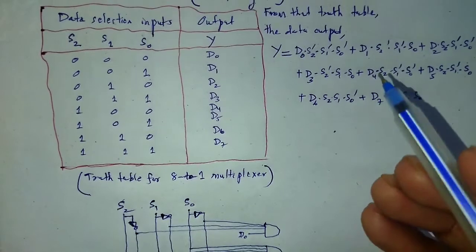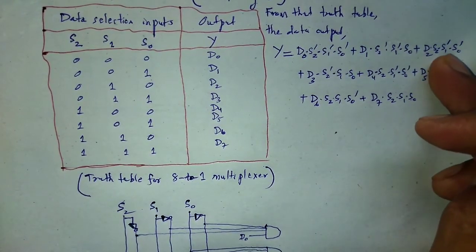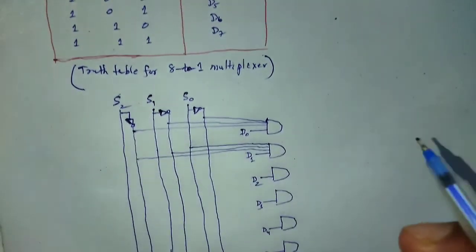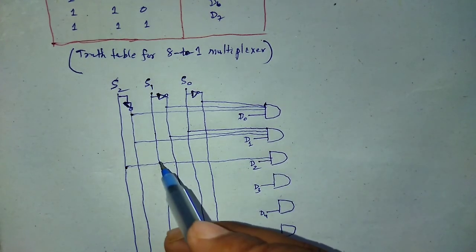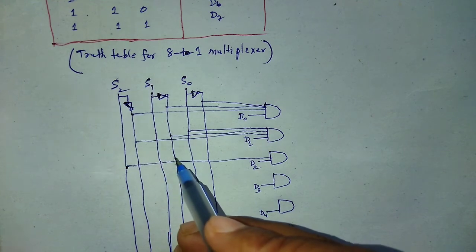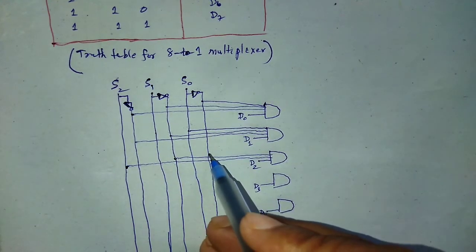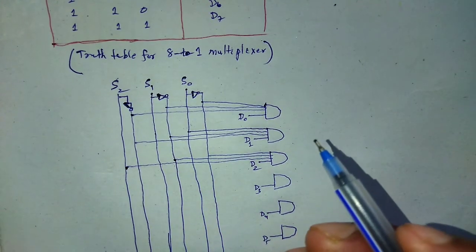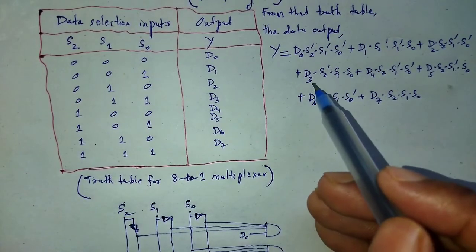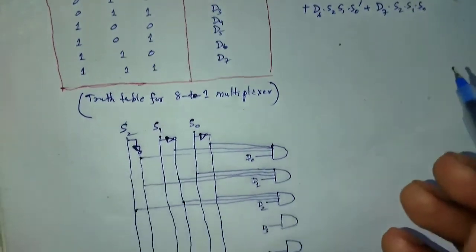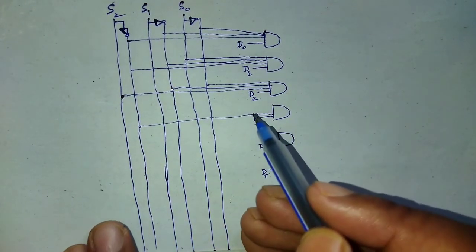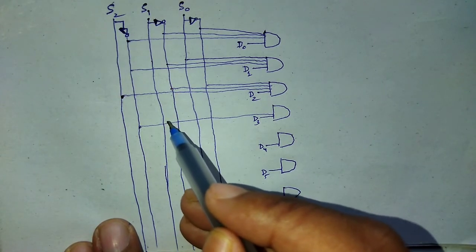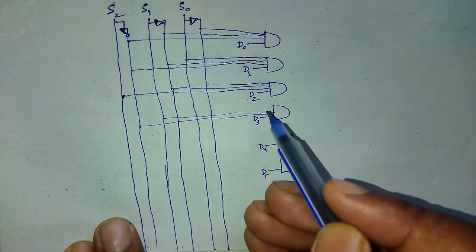Okay. Next, D2 with S2, S1 dash, S0 dash, S2 line, S1 dash, S0 dash. Okay. Next, D3 as S2 dash, S1, S0.